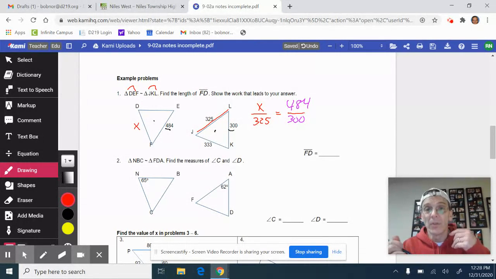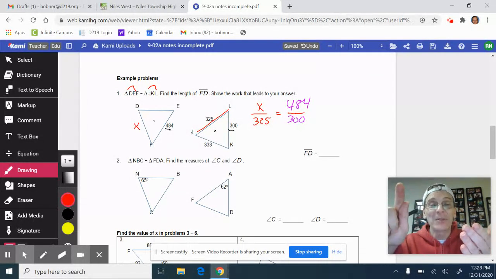And so then they'll reach for their calculator and they'll put 325 times 1.61111111. And if they use as many ones as the calculator would allow them to use, then they will get a correct answer. If they do any rounding, they're going to be in trouble, okay? So that's kind of the intuitive way to do this problem, okay?